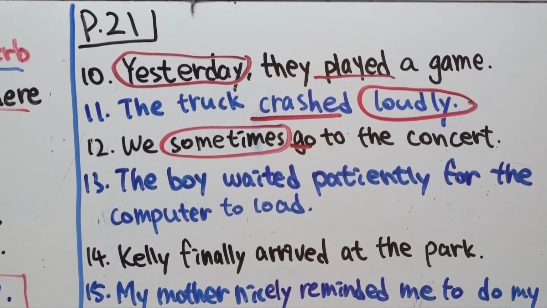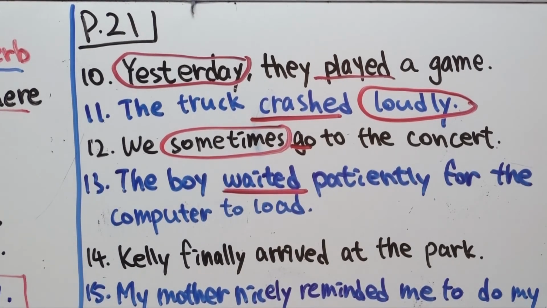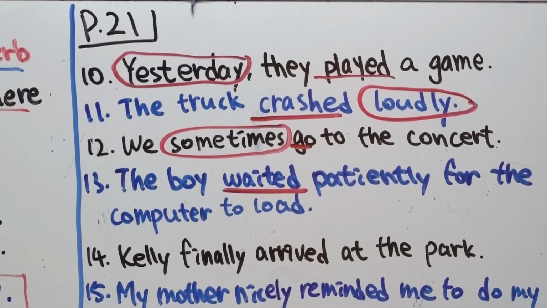Number 13. The boy waited patiently for the computer to load. The subject, you know, is the boy. Which one is the action? Waited is the action. And how does this action happen?